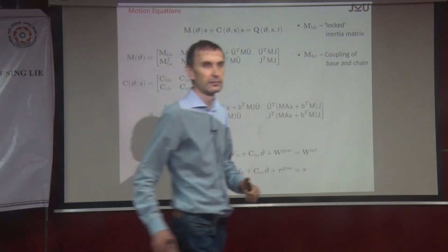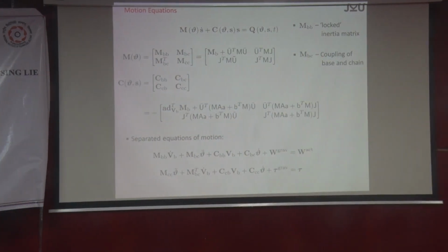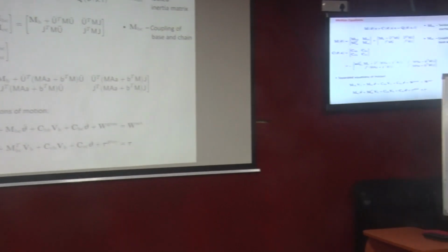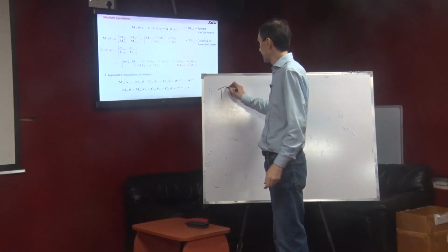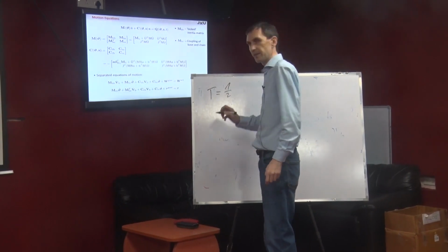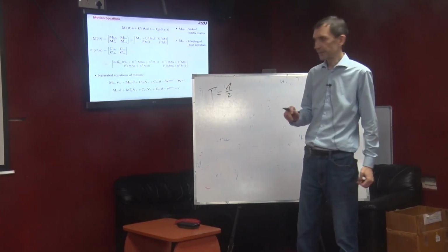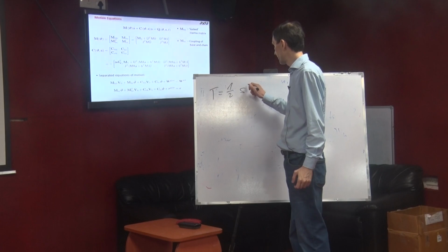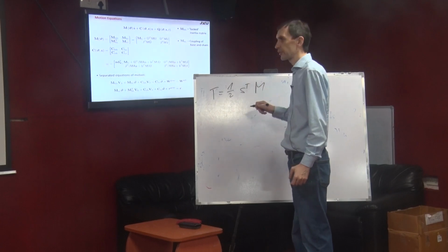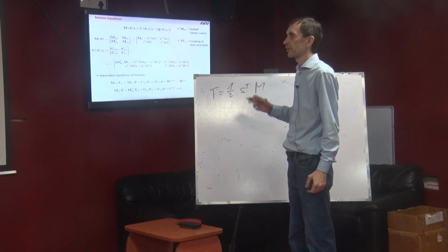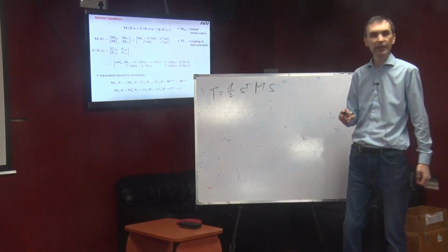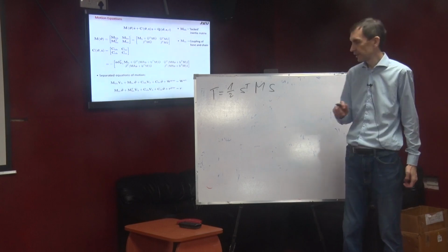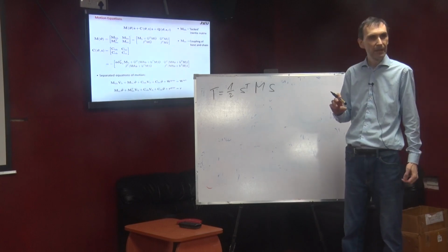First matrix. So it's important to try to understand again the meaning of this thing. We have this, what's it called? It's just called M. So this is the kinetic energy of your system, right? It's always like this.